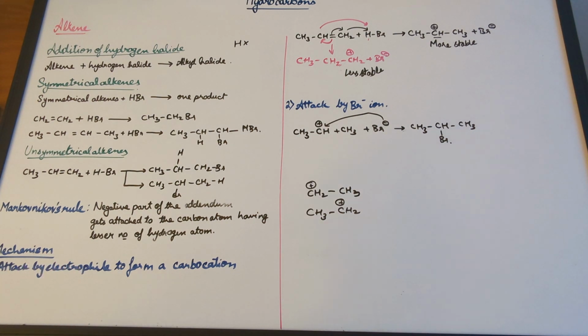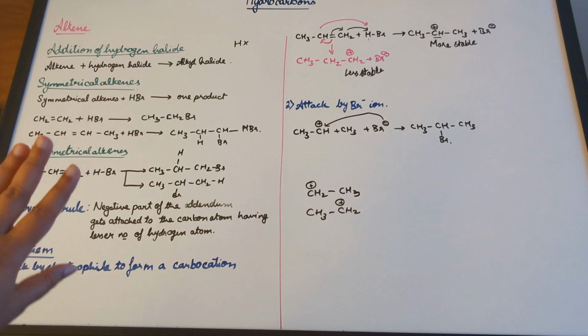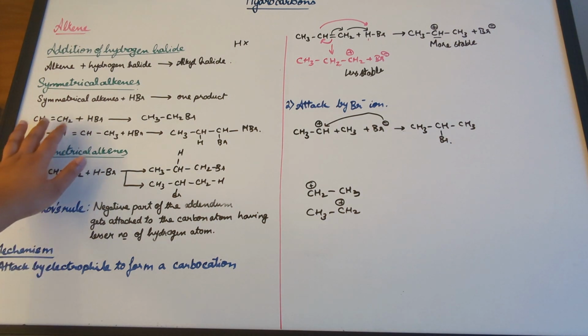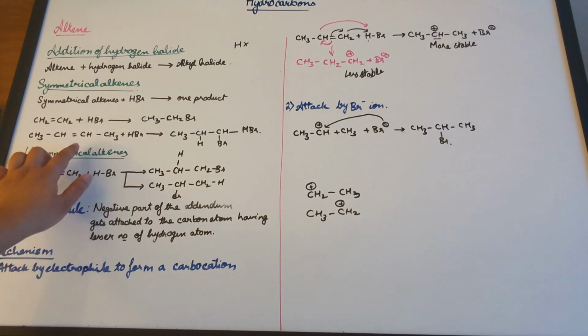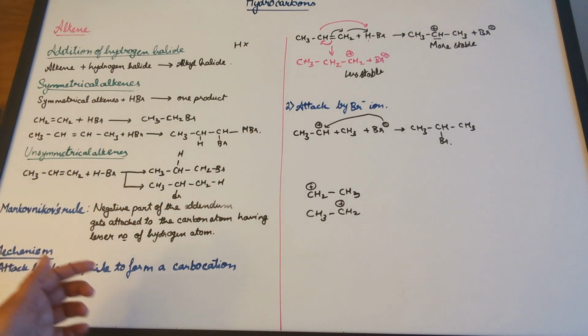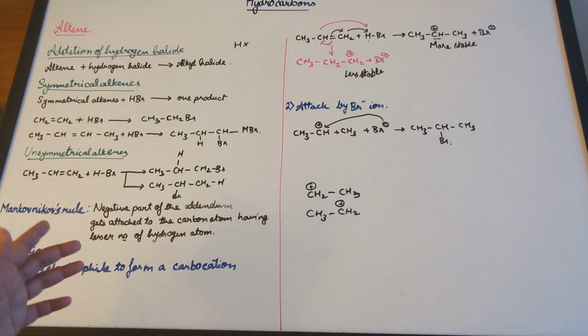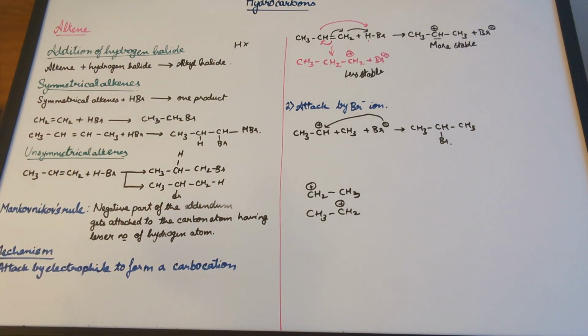Symmetrical alkenes are the ones which have a symmetry across the double bond. In this case, there's only one carbon on either side. In this case, there are two carbons on either side of the double bond, making these alkenes symmetrical. There are no issues. In case of unsymmetrical alkenes, there is a possibility of the formation of two products.